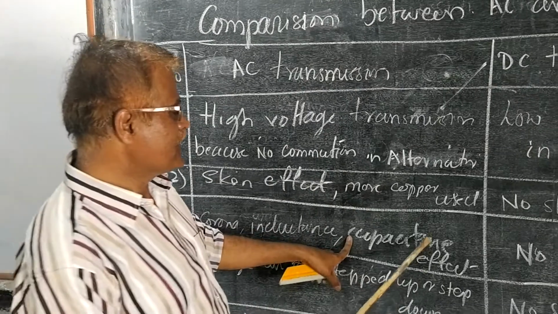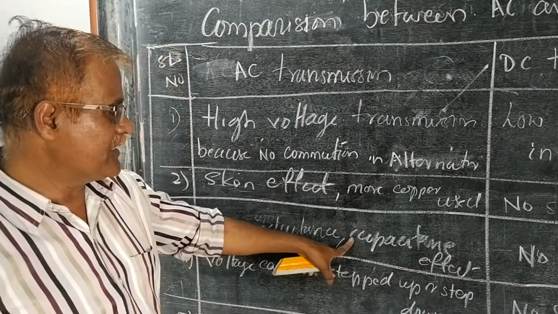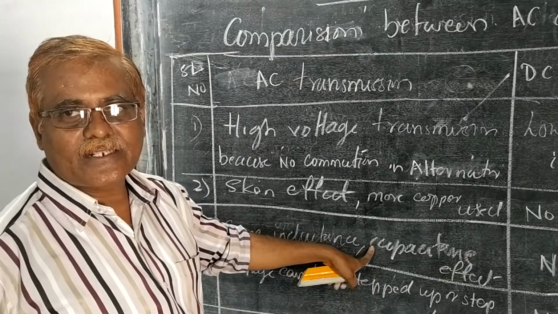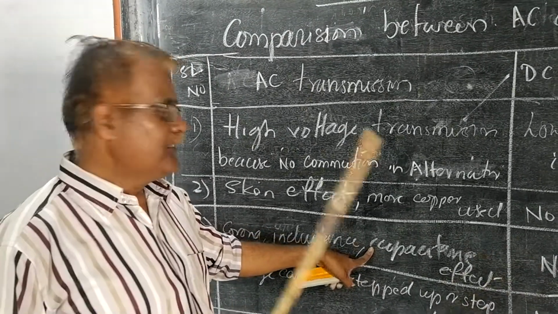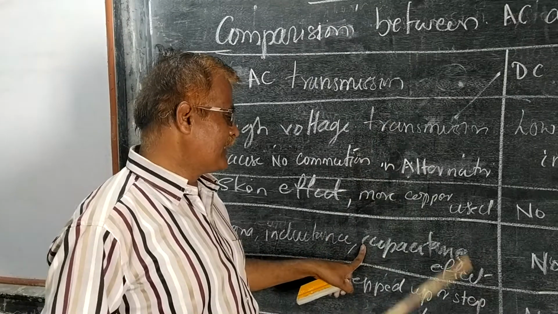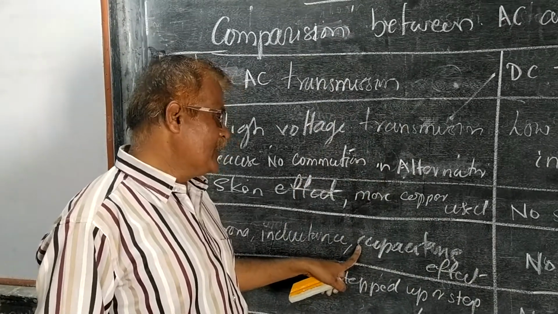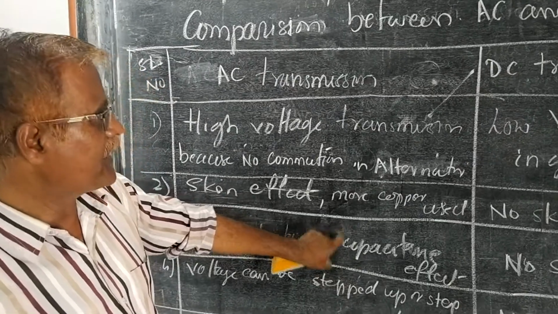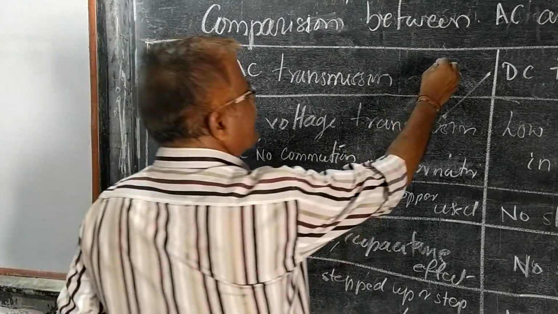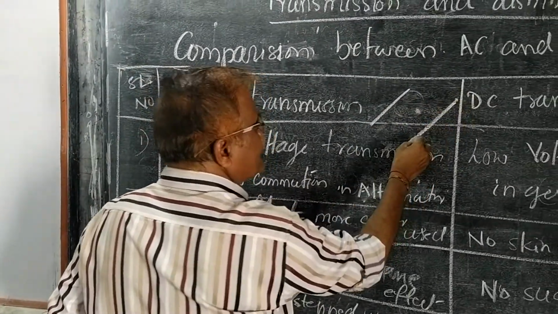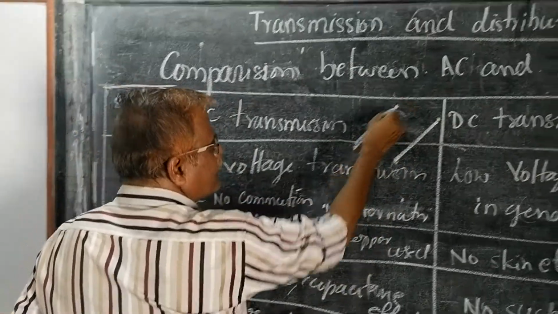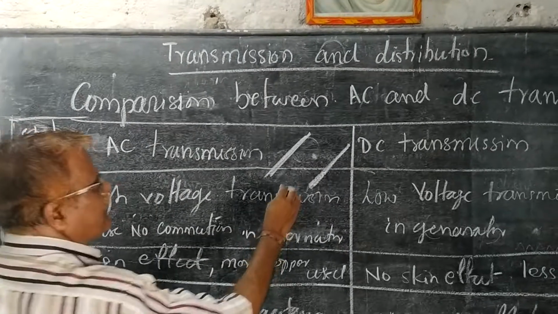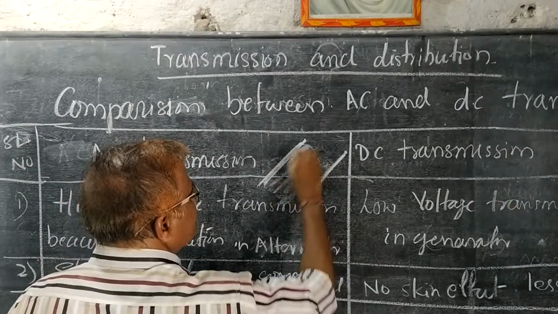Then the capacitance effect. You know that a capacitor is a device having two plates with an insulating material, the dielectric, in between. How can this capacitance occur in transmission lines? Here, these two are lines of the transmission line, just as an example.